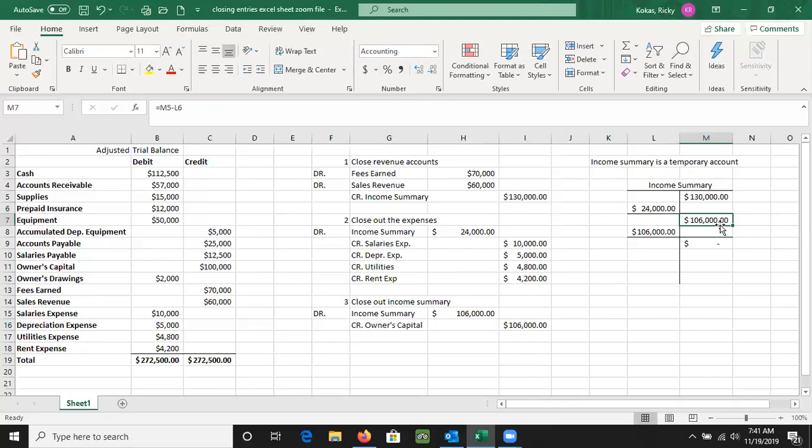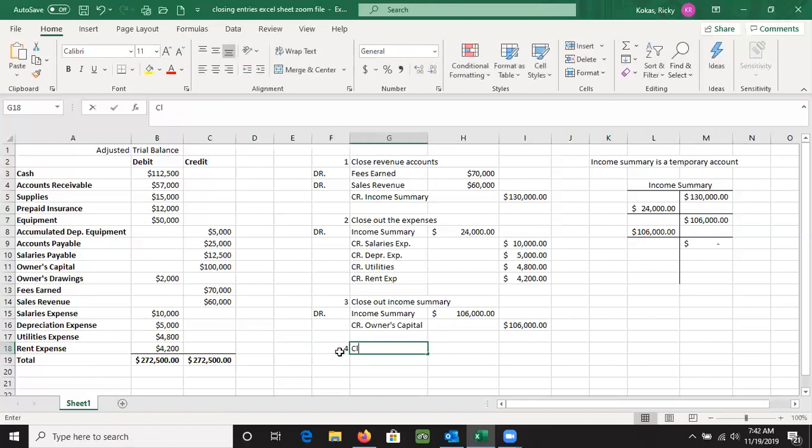This figure, if it's a credit value, is the company's net income, revenues minus expenses. If it was a debit amount, the expenses were bigger than the credits, it'd be a net loss. So what we just did, we had a net income of $106,000. We just transfer that to owner's capital. So net income becomes part of owner's capital at the end of the year. So does net loss if it exists. So once that's transferred, income summary is done.